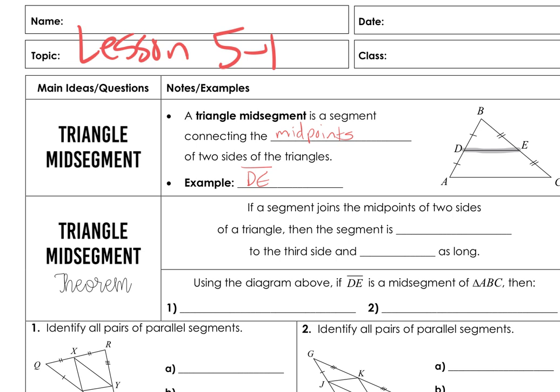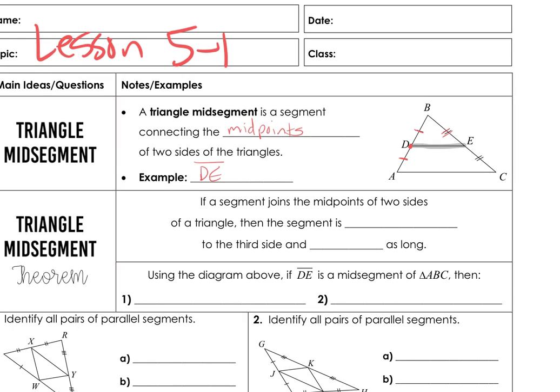I know it's a midpoint because I can see I have my congruent marks. BD is congruent to DA, so that means D is the midpoint. BE is congruent to EC, so I know that E is the midpoint. So altogether, this segment is my mid-segment.